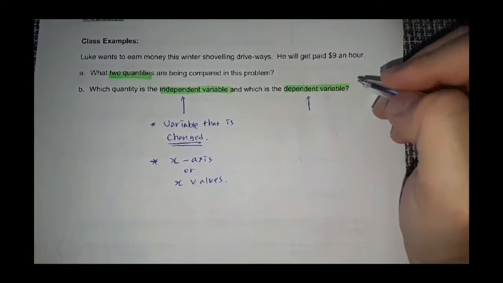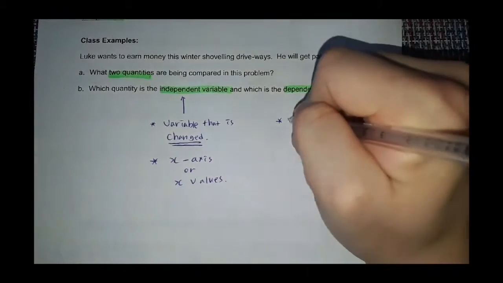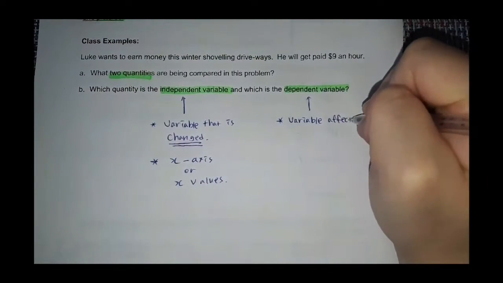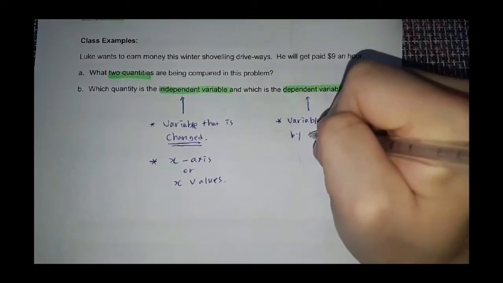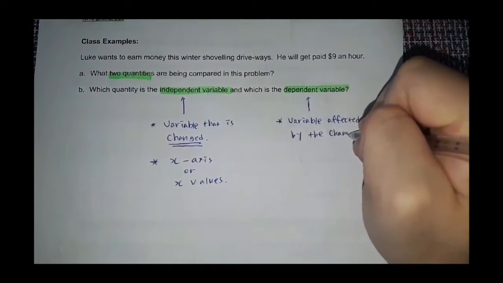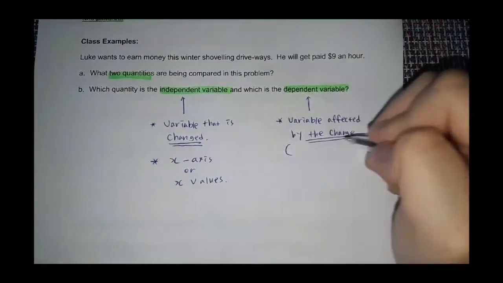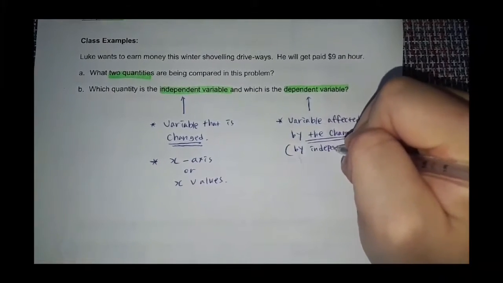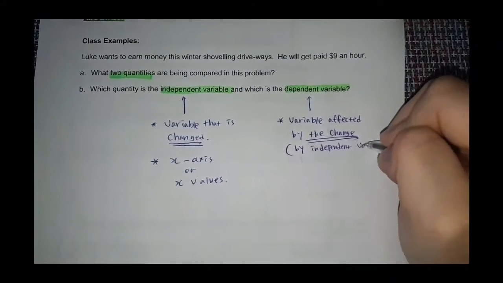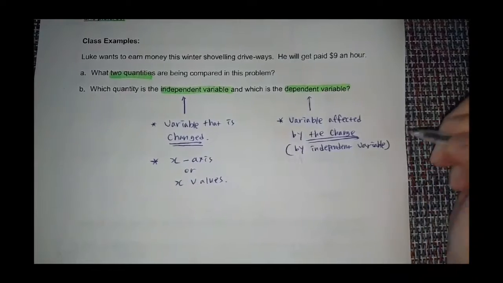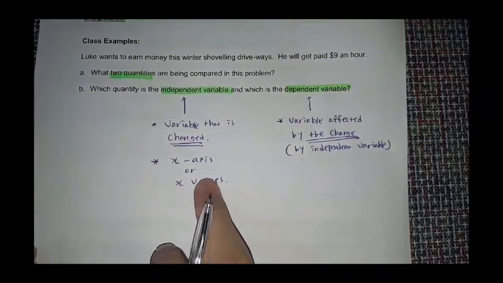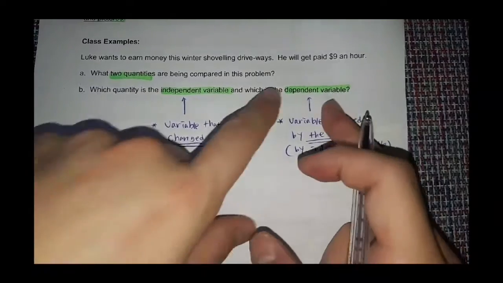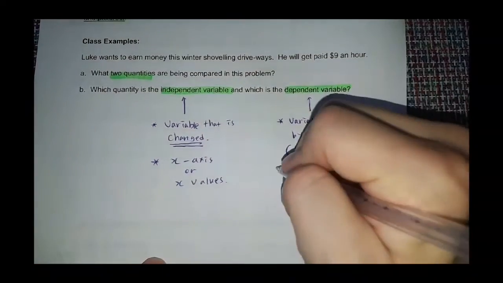Dependent variable is basically the variable affected by the change that is happening, which is by the independent variable. So for instance, if I change the x value, you're changing the dependent variable, which is the y value.